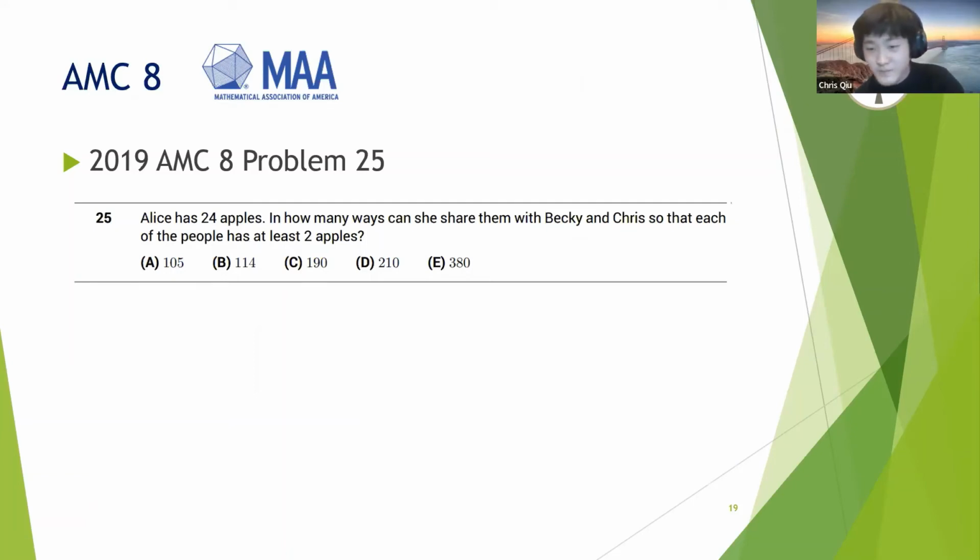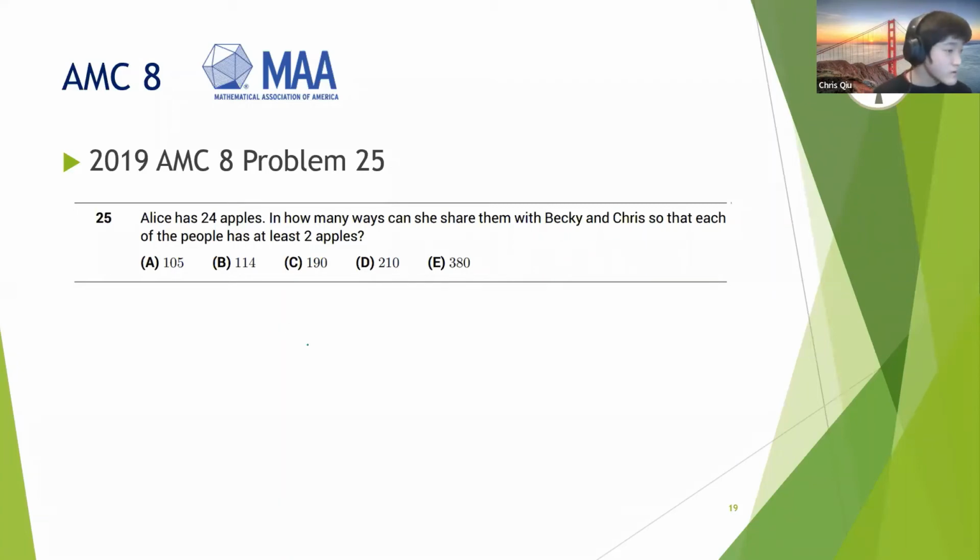So on this problem, somebody mentioned it, it's helpful to use stars and bars. So here, we have somebody who's sharing apples with 2 people. So we're going to split these apples into 3 groups. One of them goes to Alice, one of them goes to Becky, and one of them goes to Chris.